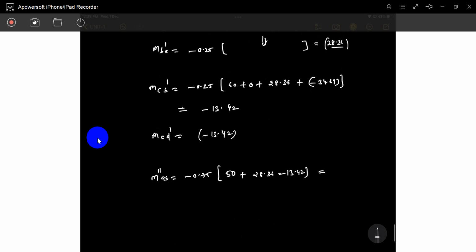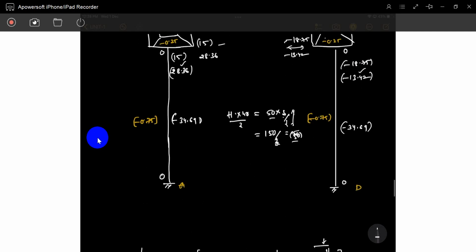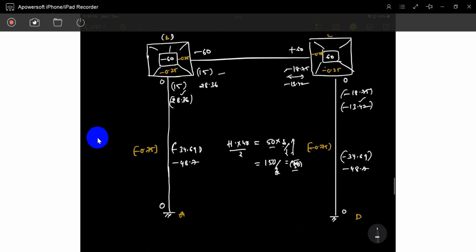You will get minus 48.7. AB also you will get, and CD also you will get the same thing, because the displacement factors are the same. Minus 48.7. So again go to the translation, again go to the rotational.